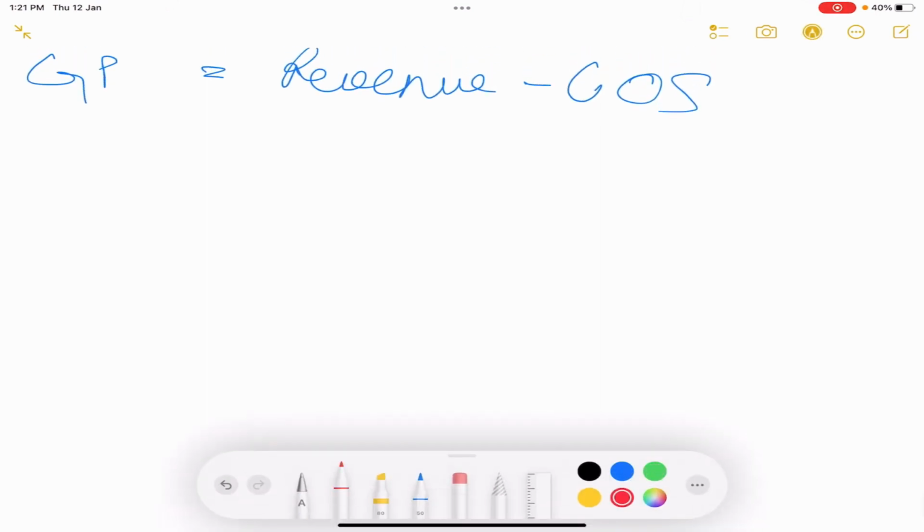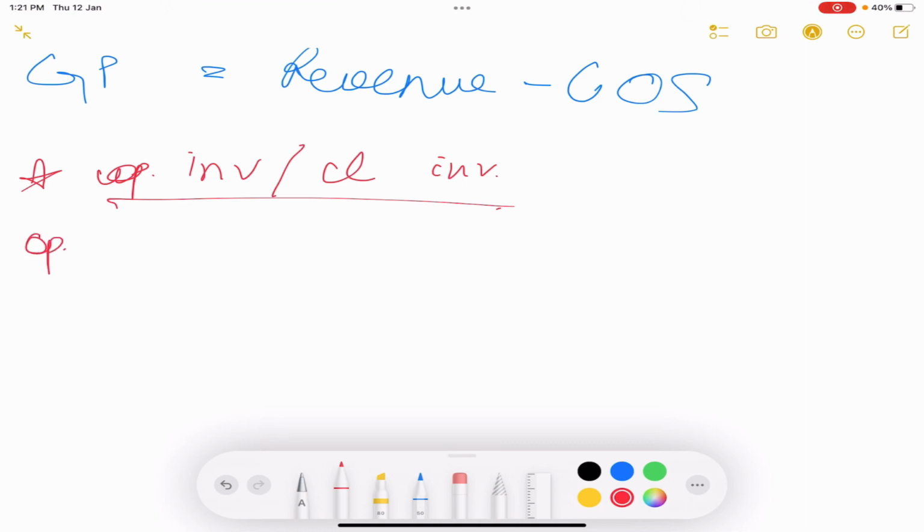Now the next topic is the opening inventory and the closing inventory journal entries. You remember how we learnt it? You remember the journal entry. Always remember that the opening inventory assets have to be removed this year. So what will my journal entry be? If I have to reduce the assets, I will credit them, right?